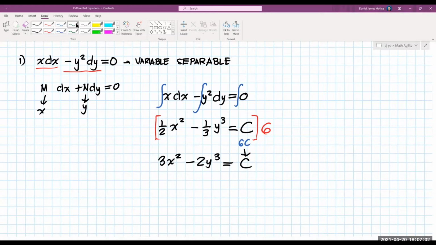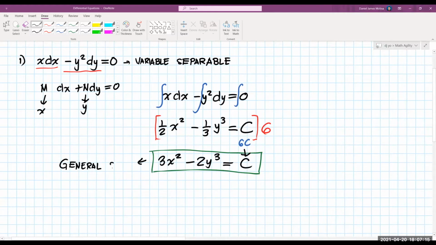And that is actually our final answer. Okay, that is already our general solution. Okay, this is called the general solution. Since we don't have any initial conditions, this is our final answer. So that's for the first problem.